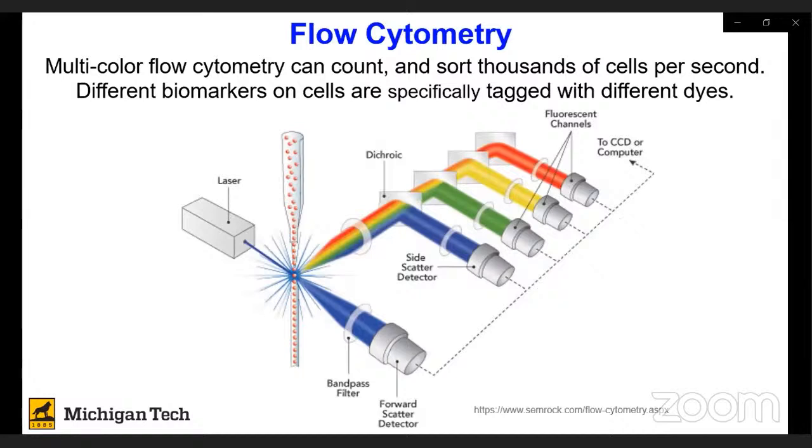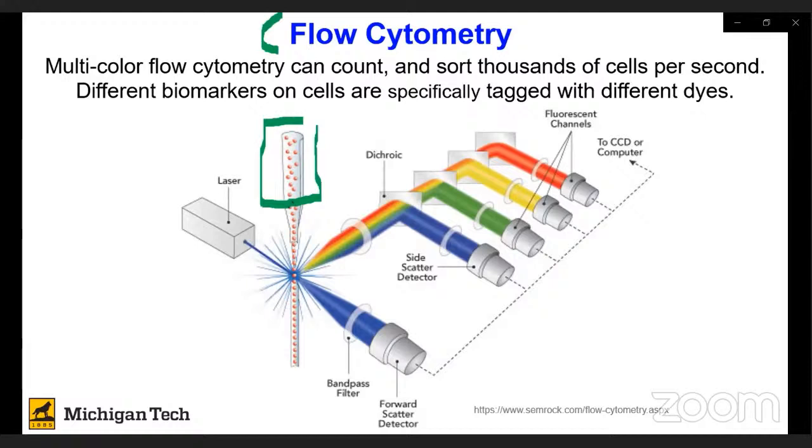Here is a brief description of flow cytometry. In this case, blood cells are specifically labeled with fluorophores of different colors according to the biomarkers that you are interested in.